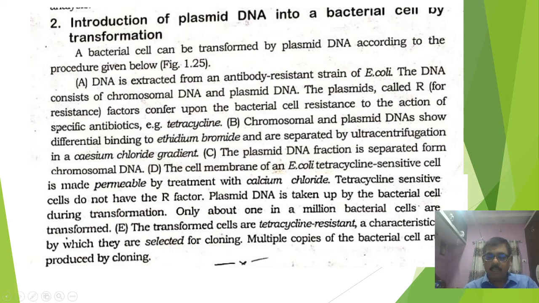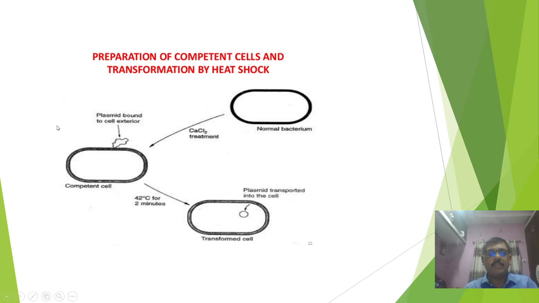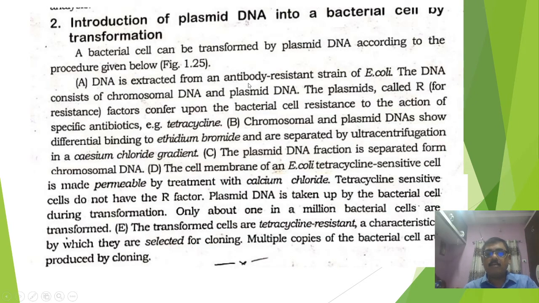In this process, the plasmid DNA is extracted from an antibiotic-resistant strain of E. coli. It is not antibody, it is antibiotic resistant. The DNA consists of chromosomal DNA and plasmid DNA.